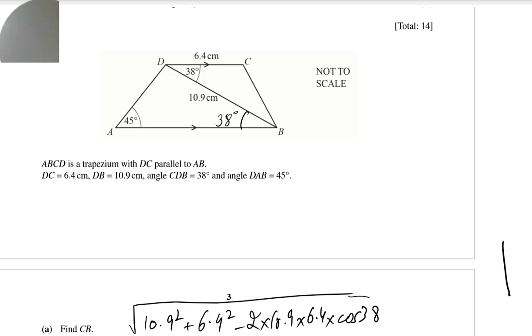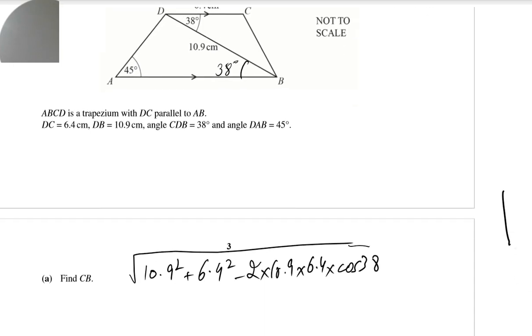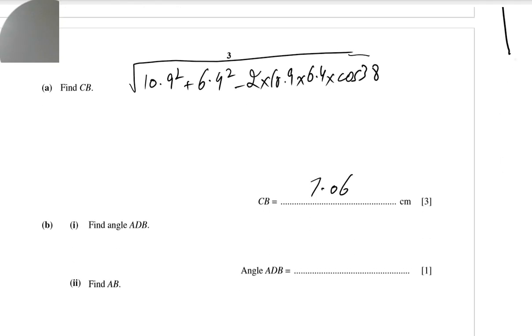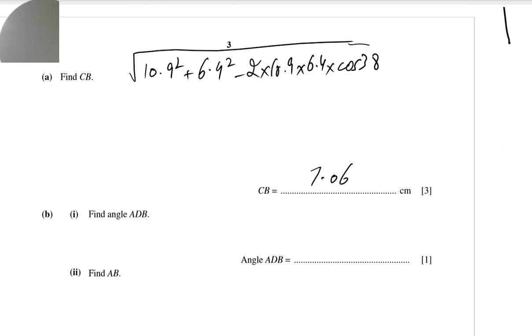So angle ADB would be the subtraction of the sum of 45 and 38 from 180. That's just for 1 mark. So 180 minus (45 plus 38). As you know, the sum of angles of a triangle is 180, so if you have two angles, you can find the third one, that is 97.